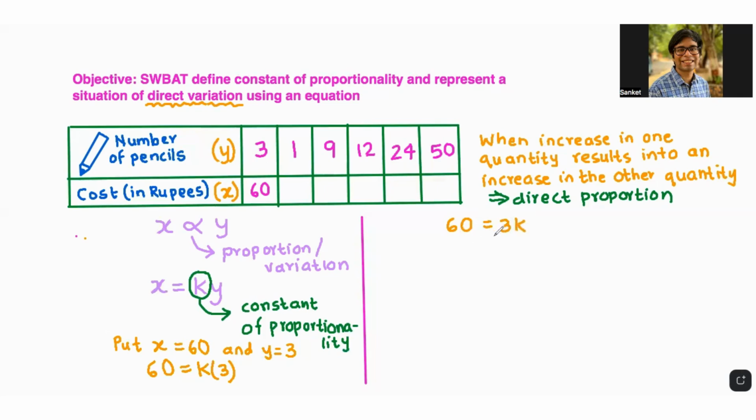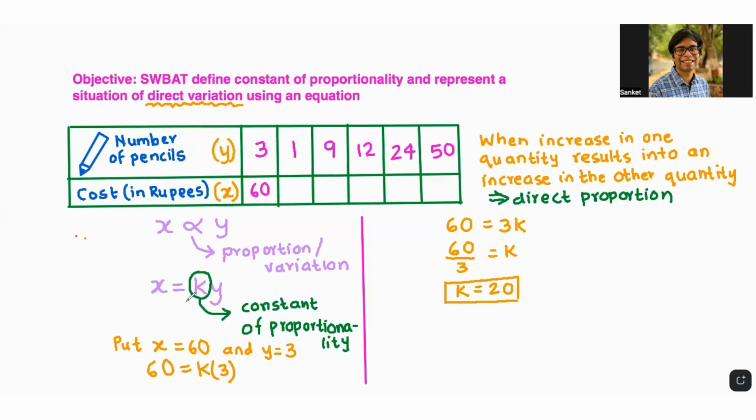I'm going to divide both sides by 3 because I want the value of k. So my k is going to be 60 divided by 3, that is 20. So this is my value of constant of proportionality that I've got, and it's going to stay fixed.